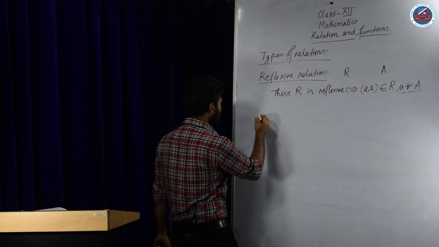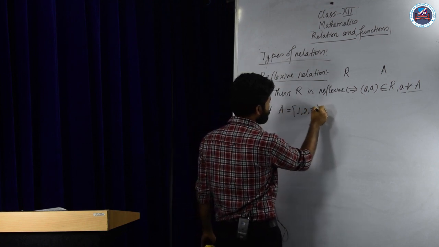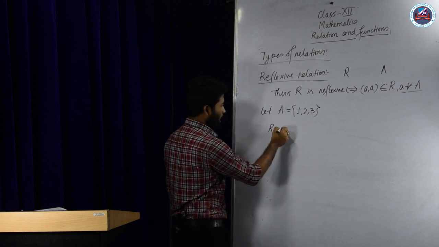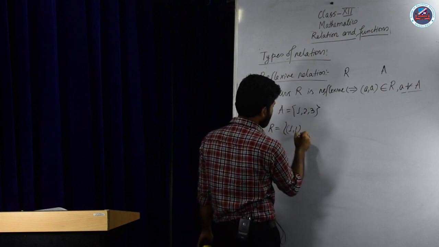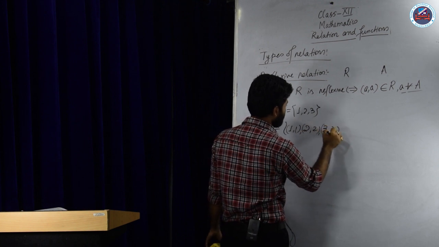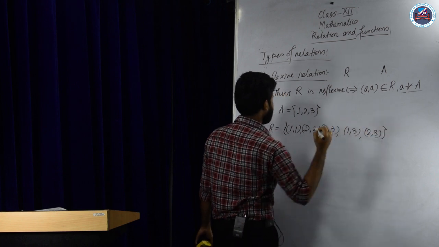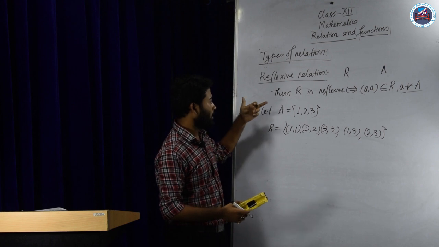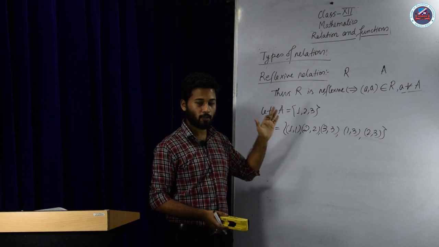Let me take an example. Let A equal {1, 2, 3}. I am defining a relation R given by {(1,1), (2,2), (3,3), (1,3), (2,3)}. Always remember, this R can be a relation only when it is a subset of A cross A. You should always keep that in mind.